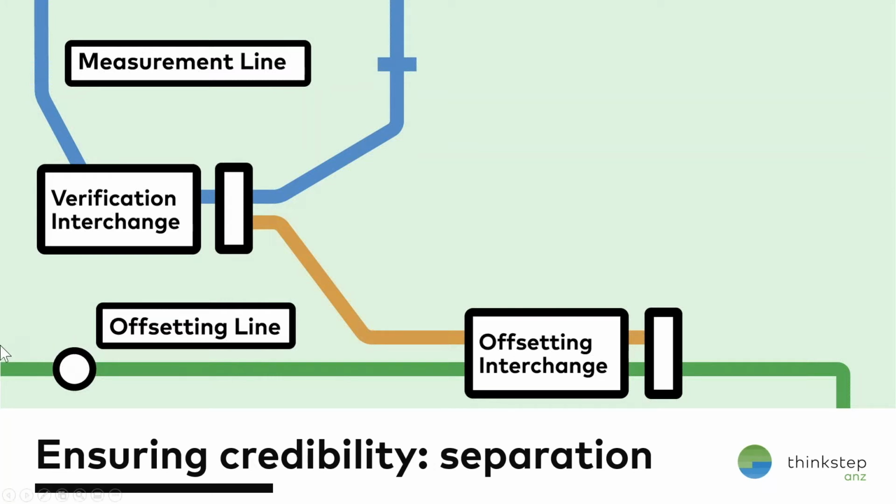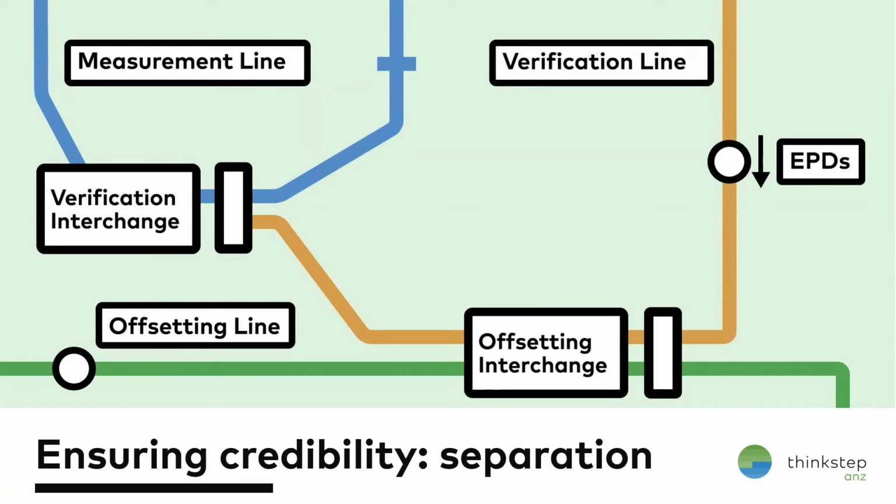There is a shortcut that you can come to from the measurement line, and that is if you already are on the verification line and, for example, have done an EPD. An EPD is an environmental product declaration of products, and it has the carbon footprint in it. And it's a verified and certified document, which is recognized by a lot of offsetting programs.